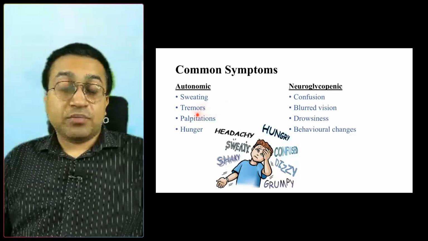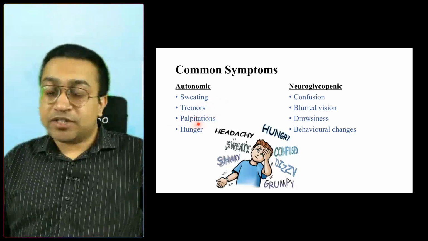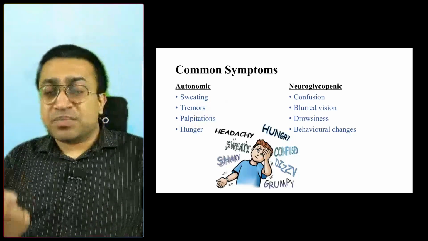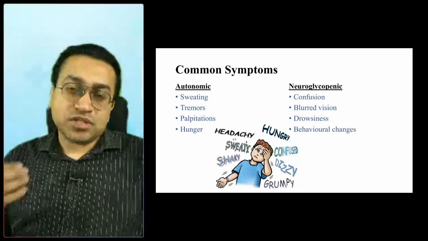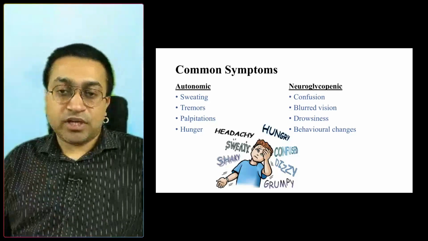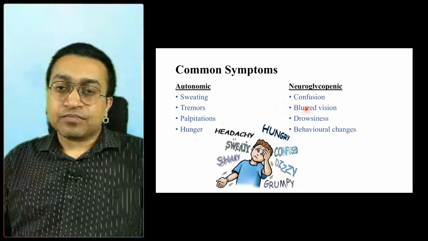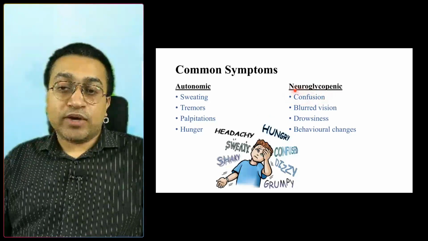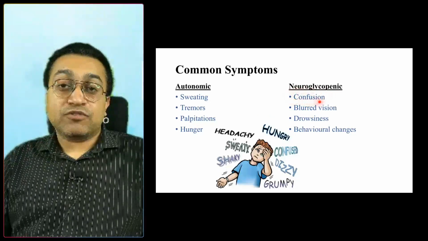So sweating, tremors, and palpitations. Now palpitations, as you know, can be due to multiple issues. A simple gastric upset can also cause such problems. But yes, you have to rule it out with proper history taking. And hunger. Very important point, the first one which I have written here, neuroglycopenic symptoms, which include confusion.